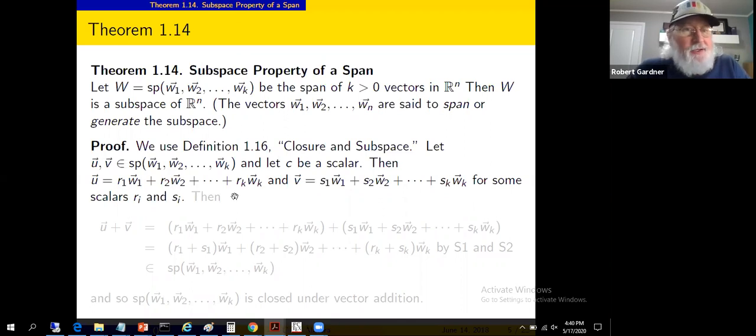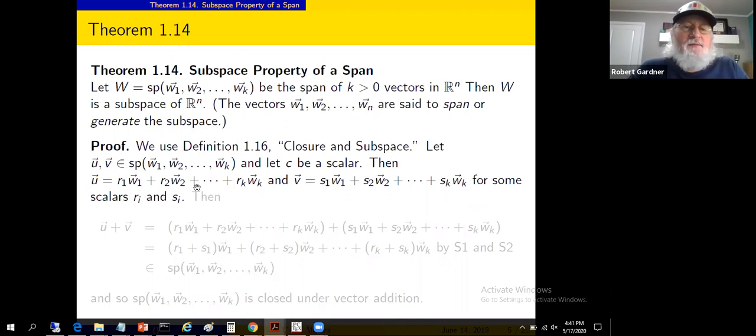Well, one of those linear combinations must be vector U. That's how it got in the span. Similarly, vector V must be some linear combination of the vectors W1 through W sub k as well, because it's in the span. That's what span means. So I do know the form of U and V by knowing that they're in this span.